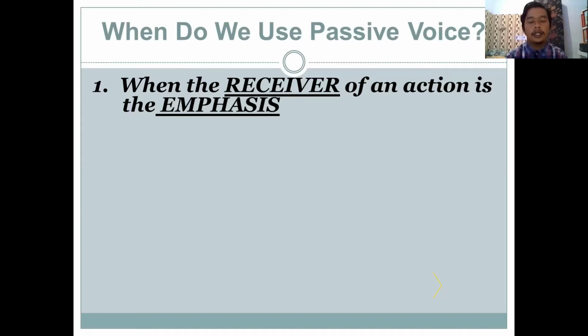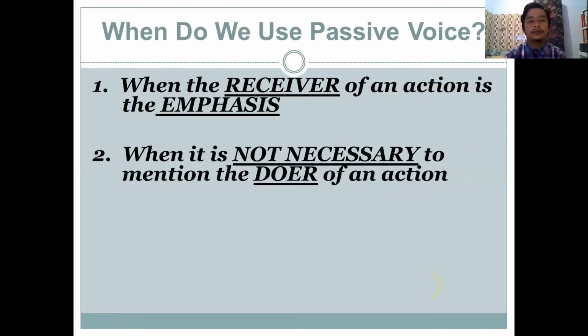Oke, jadi ada 3 macam, dan ketika kita menggunakan passive voice, kapan kita menggunakan passive voice? When it is not necessary to mention the doer of an action. Ketika kita menyebutkan sebuah kata aksi yang di awal kalimat untuk memperjelas kalimat tersebut dan keadaan tersebut.